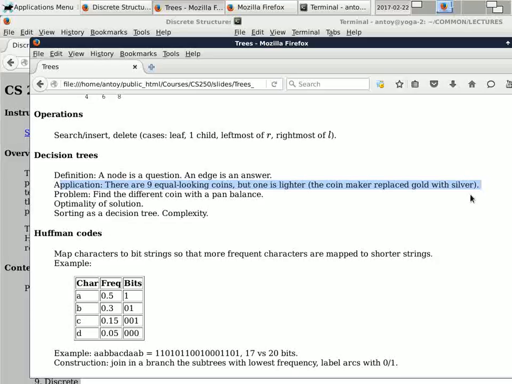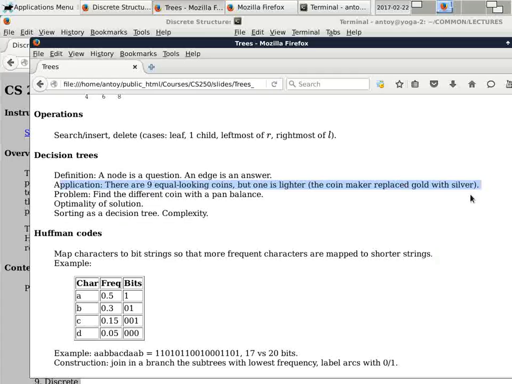So, now you have this pan balance, and you have these 9 coins, and we want to know how difficult it is to find which one is not gold, the lighter one.